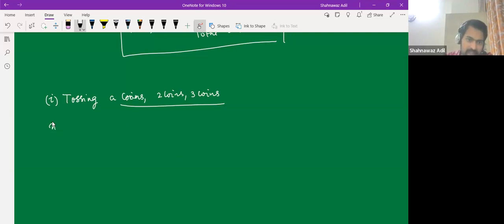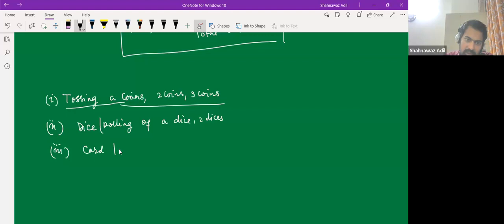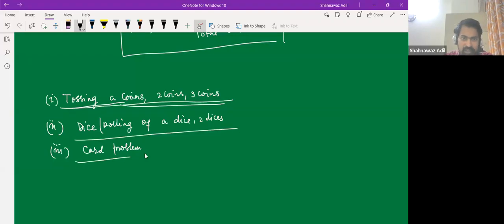The second type of question is about dice, rolling one die or 2 dice. And the third one is the card problem. So these three we will study extensively.